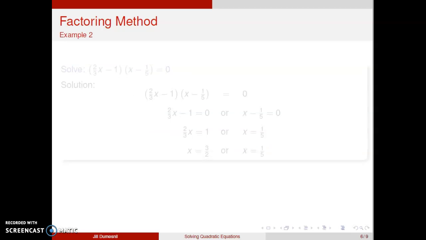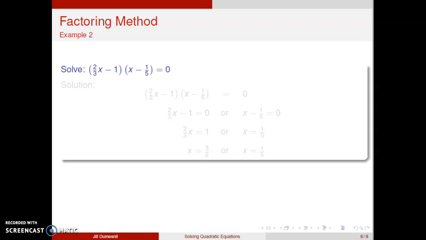Let's consider another example. Let's solve the equation (2/3 x minus 1) times (x minus 1/5) equals 0. This is a quadratic equation that is not in standard form. However, we do have a product equaling 0, so we can apply the zero product theorem directly.